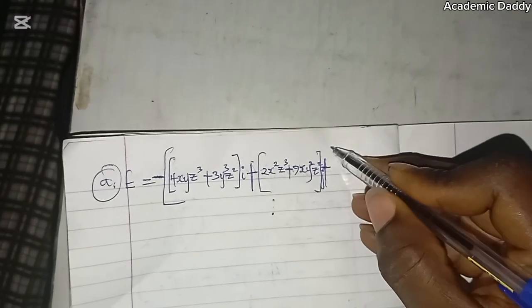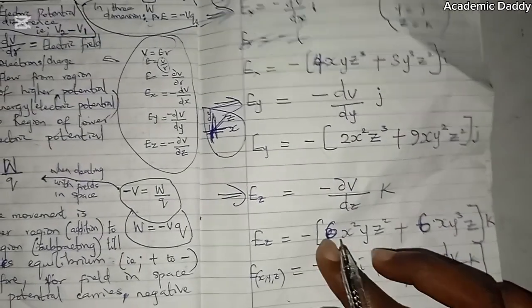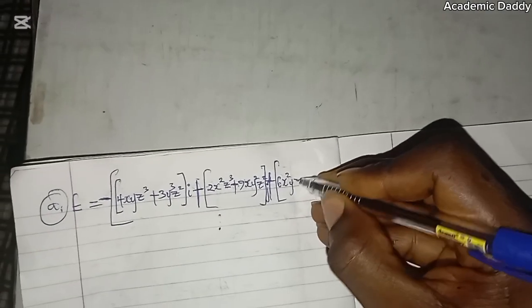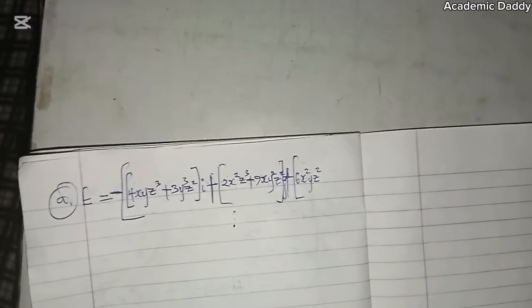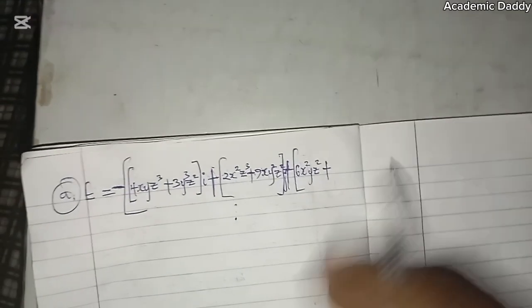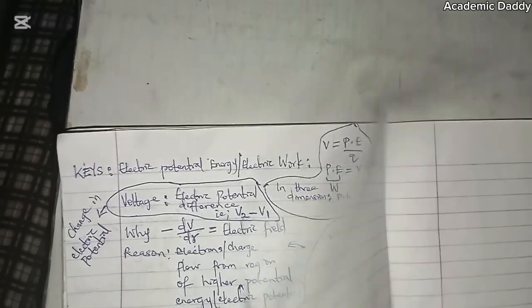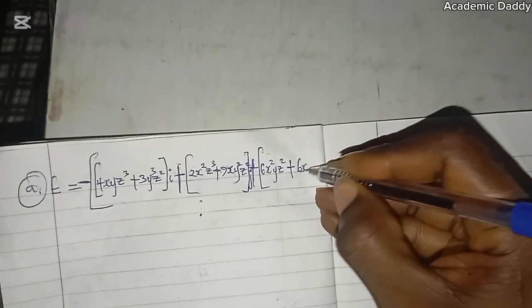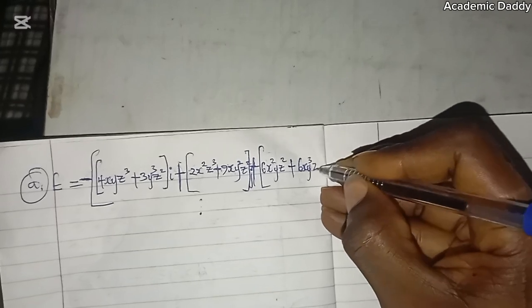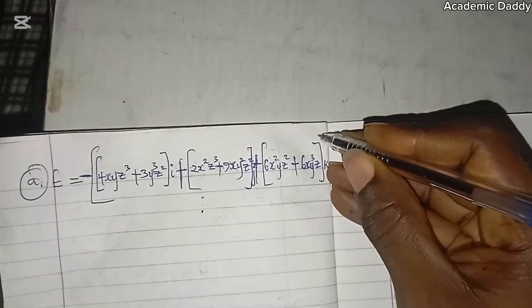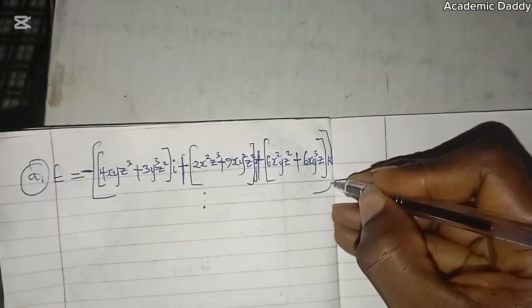So plus that of the z, 6x^2yz^2 plus 6xy^3z. Then close it again.